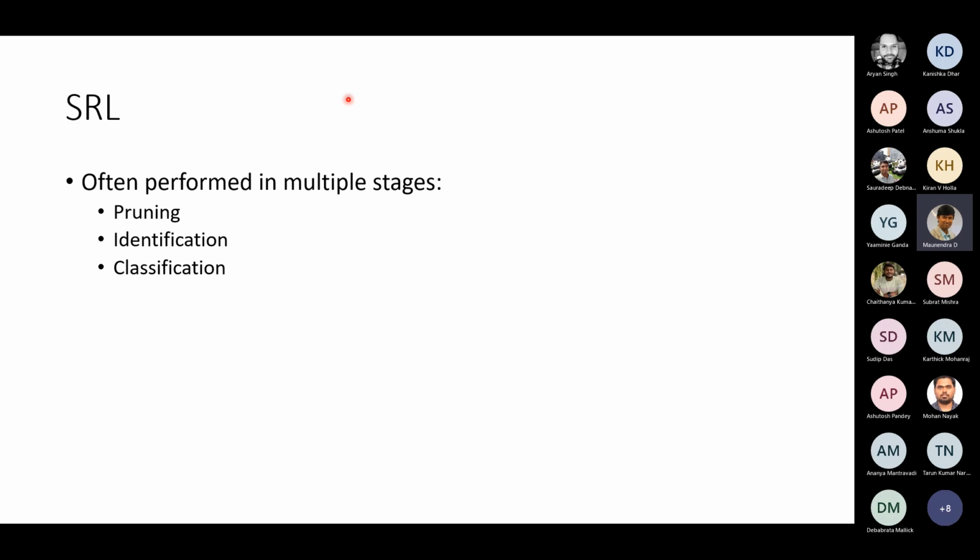So instead of trying to assign a semantic role across the entire sentence, people have experimented and found that if you first identify the words or phrases that may have a semantic role, and then you identify what kind of semantic roles could be there, that helps in boosting the performance as opposed to having one single algorithm.